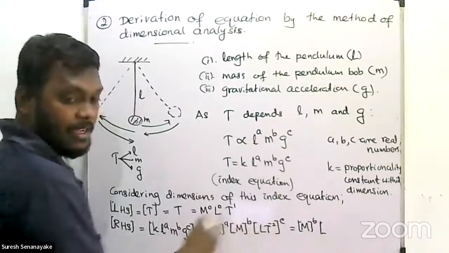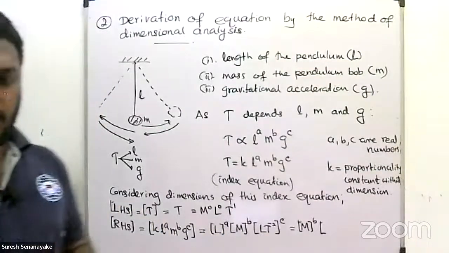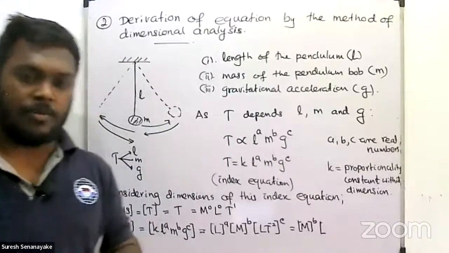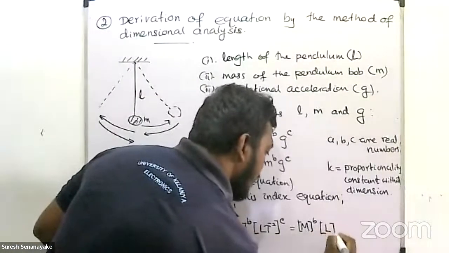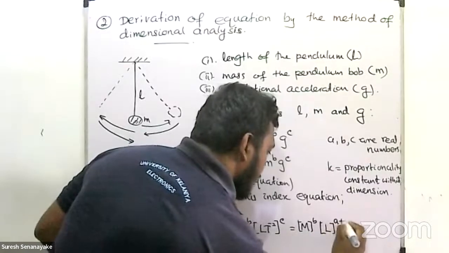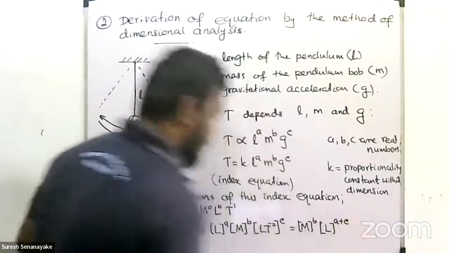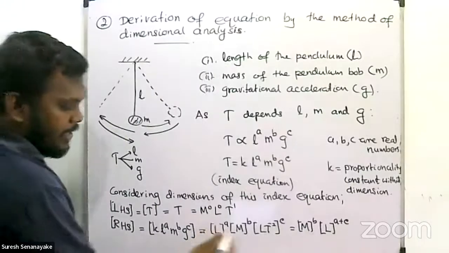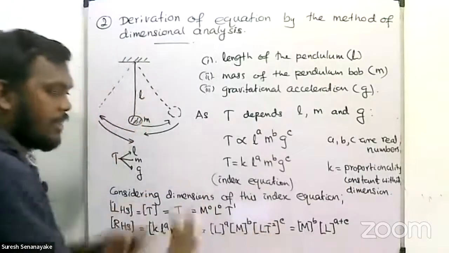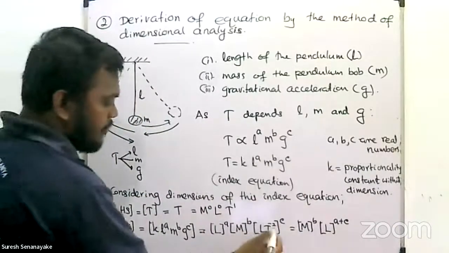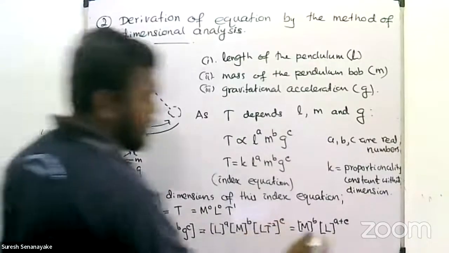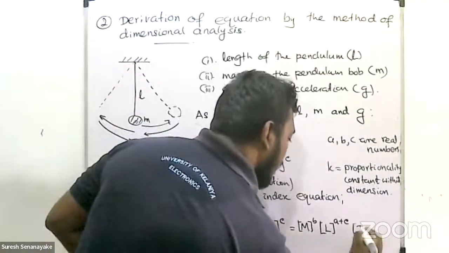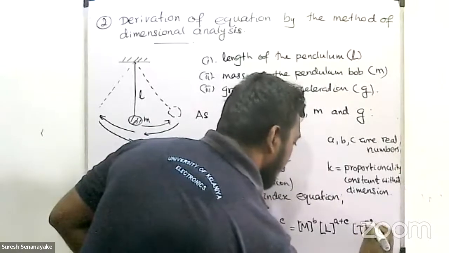You can add the powers, so L to the power A plus C. And here time T to the power minus 2 multiplied by C, it is T to the power minus 2C.